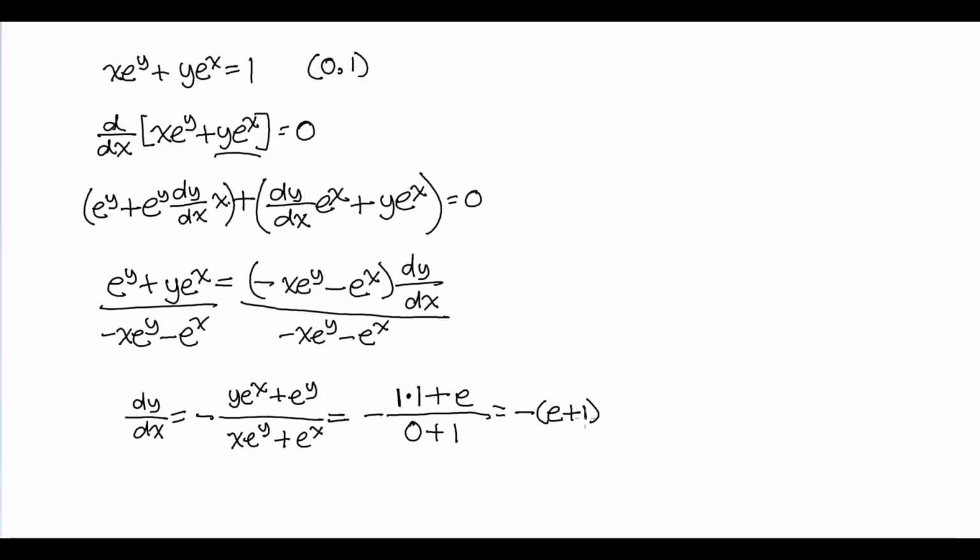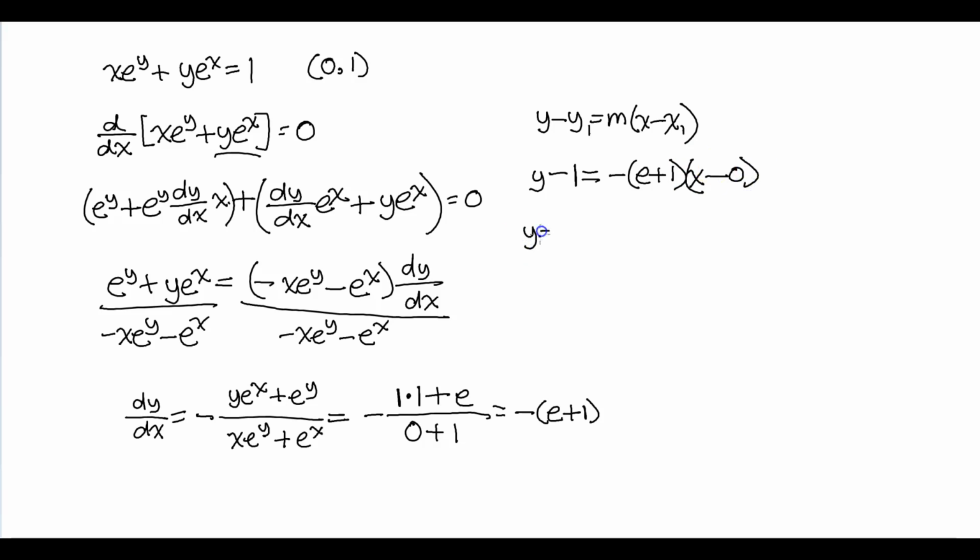Now, if we were to plug this into point slope form, y minus y1 equals m times x minus x1. Okay, your generic method of finding the tangent line. So y minus y1 equals m times x minus x1.